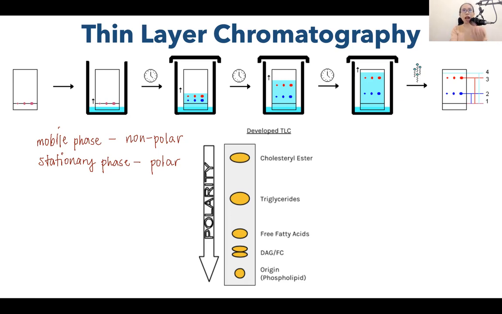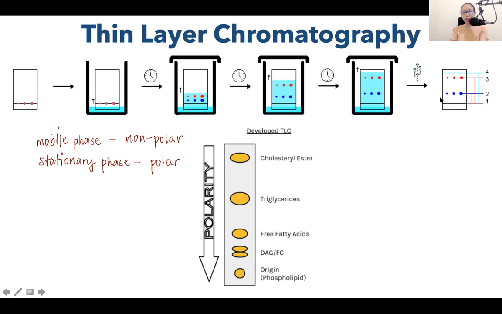In agarose gel electrophoresis, we use ethidium bromide or some staining reagent to visualize the bands. In lipid TLC, what is usually used is iodine to visualize the spots of lipids on your TLC plate.